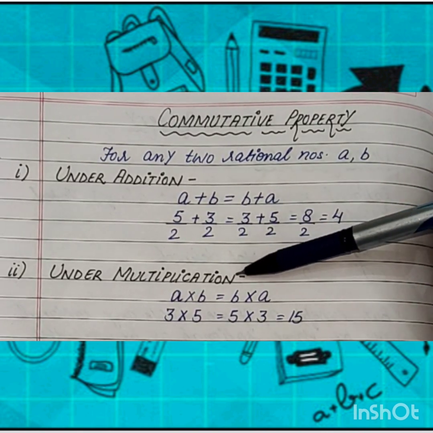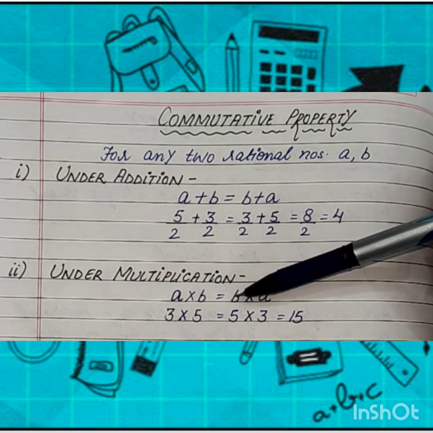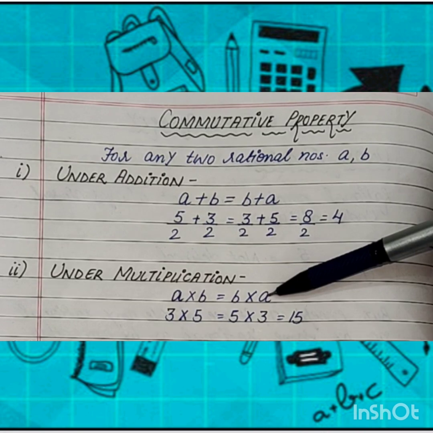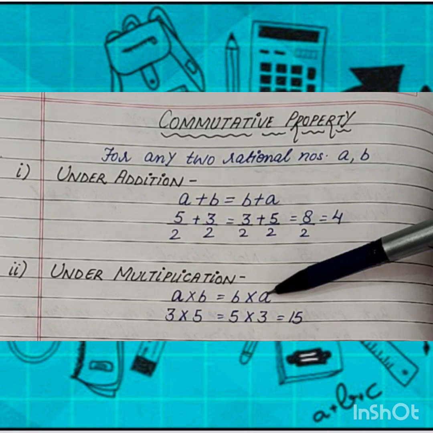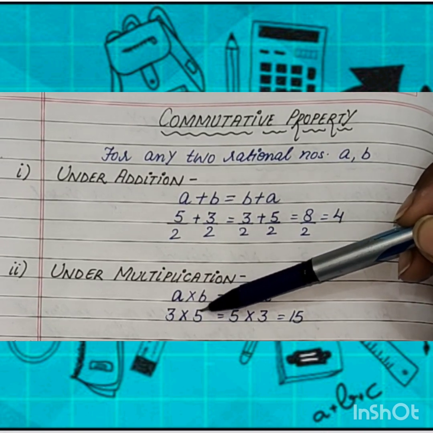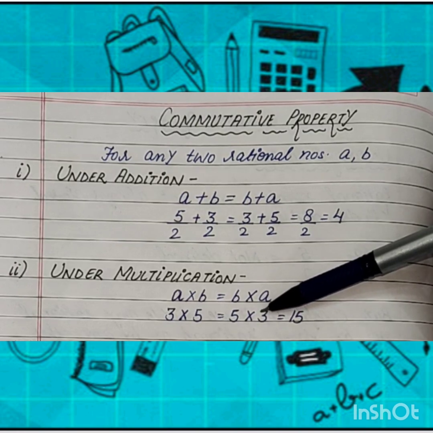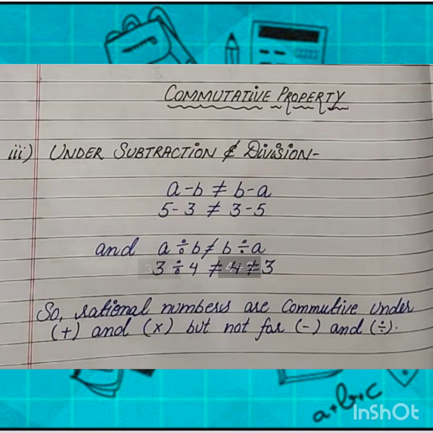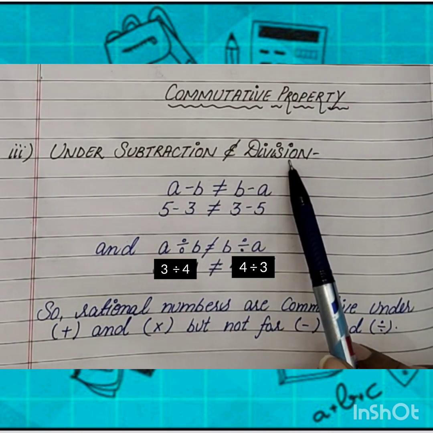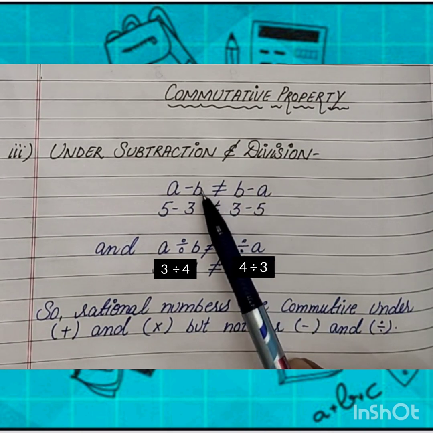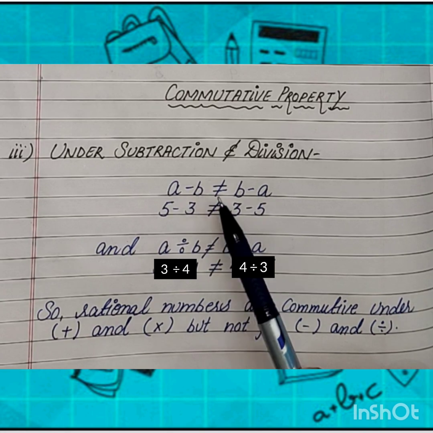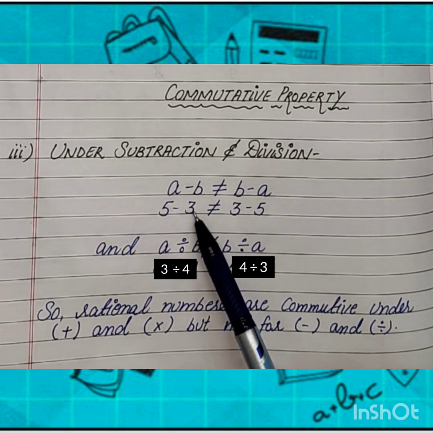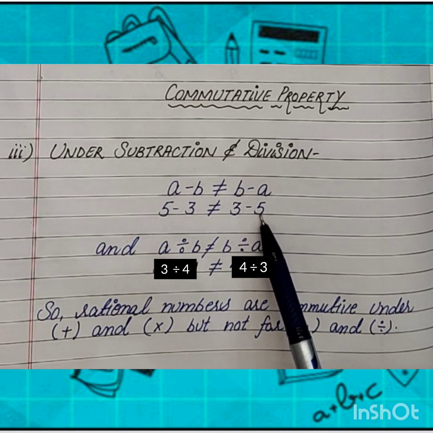Under multiplication, a multiply b will be equal to b multiply a. Means you can do the multiplication of any two rational numbers in any order. Like 3 multiply 5 equal to 5 multiply 3. In both cases, answer will be same. Now for subtraction and division, a minus b will not be equal to b minus a, because 5 minus 3 will give 2 and 3 minus 5 will give minus 2.